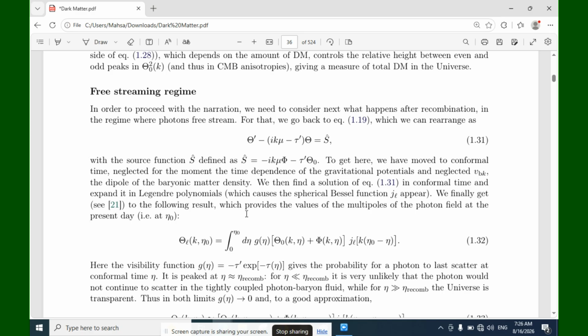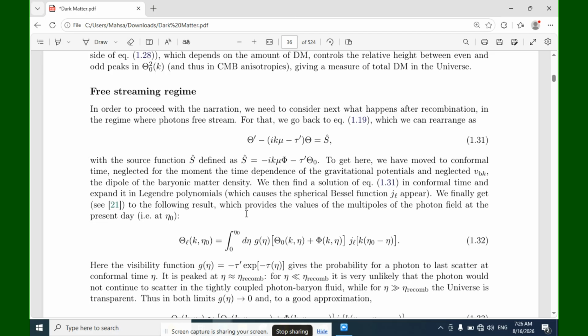We then find the solution of equation 1.31 in conformal time and expand it in Legendre polynomials, which causes the spherical Bessel function j_l to appear.